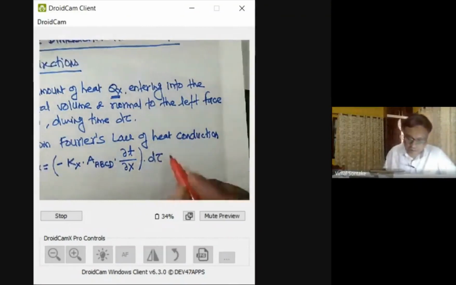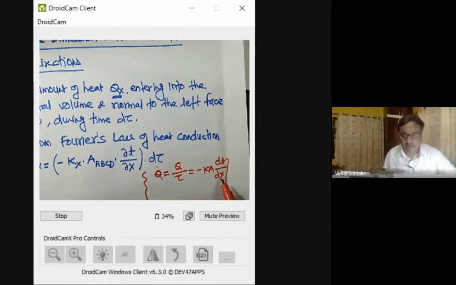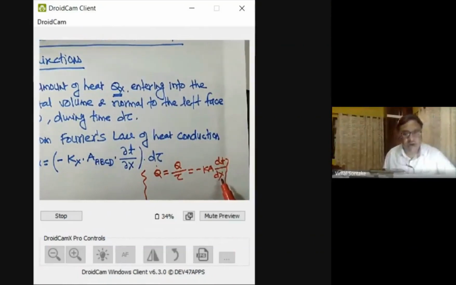To elaborate this, let me write down Fourier's law of heat conduction. Fourier's law of heat conduction gives us rate of heat transfer Q dot, that is nothing but Q by time, equal to minus kA dT over dx, where dx is also called the thickness of the material in the direction of heat flow.